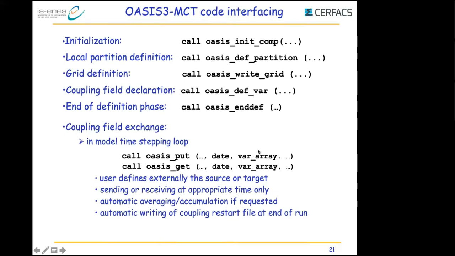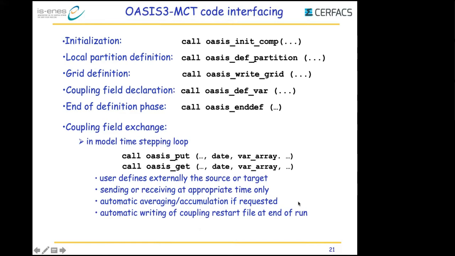And you have an array that either contains the field that will be sent or the field that will be received. But besides those arguments, you have nothing specific. For example, in the OASIS put, you don't have to specify the target, where it will go. For the OASIS get, you don't have to specify where the coupling field will come from. This is defined externally by the user in a configuration file.